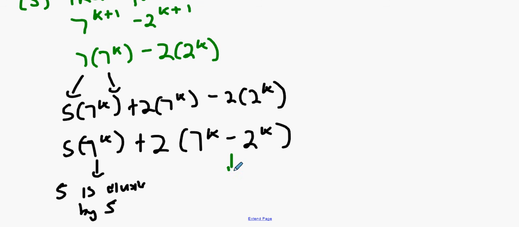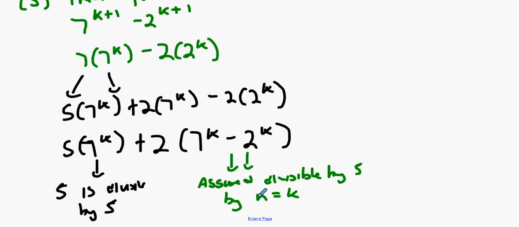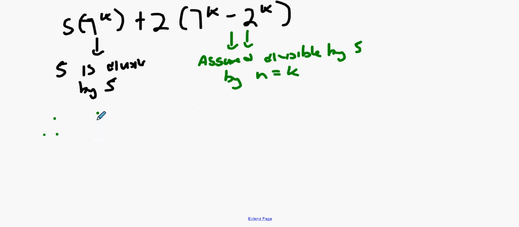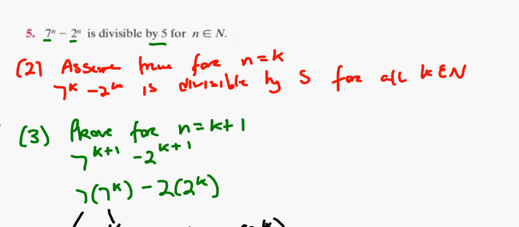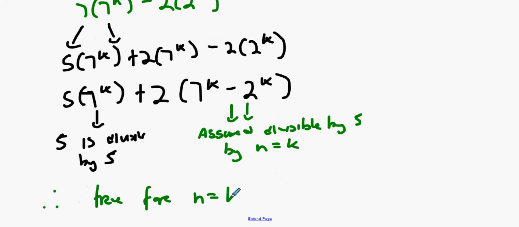And what about over here? This is assumed divisible by 5 by n equals k. Okay? So therefore, by the principle, therefore true for, while I'm writing this down, have a look at 9. True for n equals k plus 1 if n equals k is true.